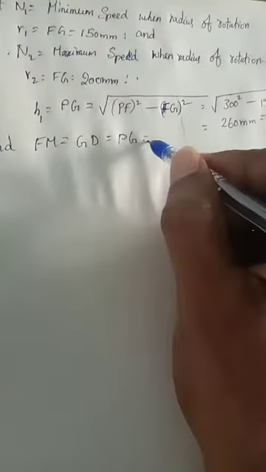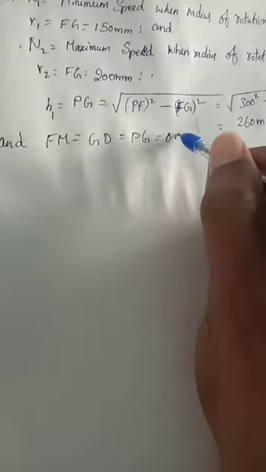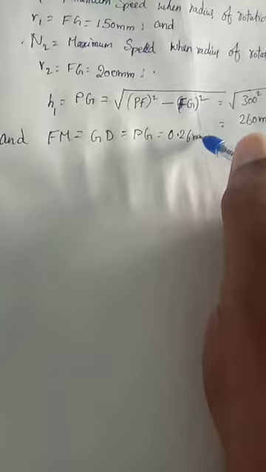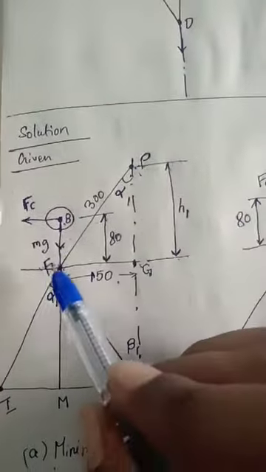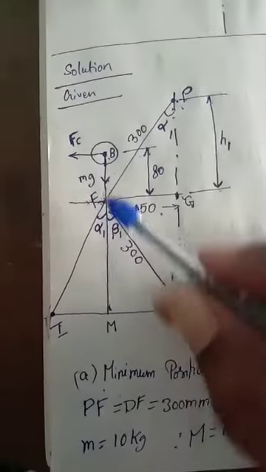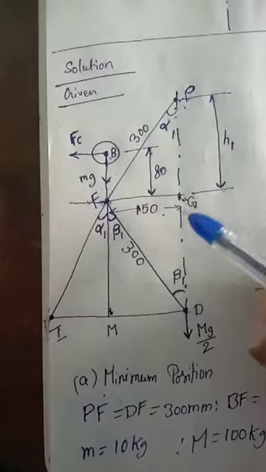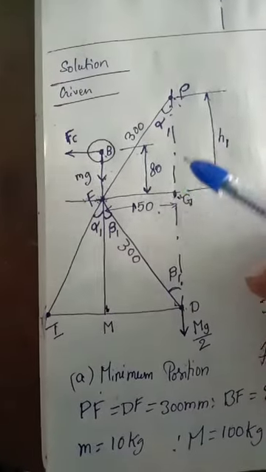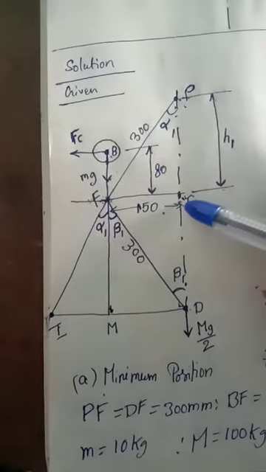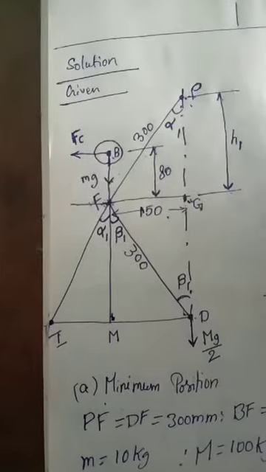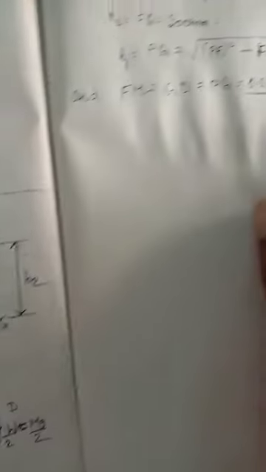So this is called 0.26 meter. FM is equal to GD, that is equal to PG. So we know the PG value, then here we can substitute this thing.